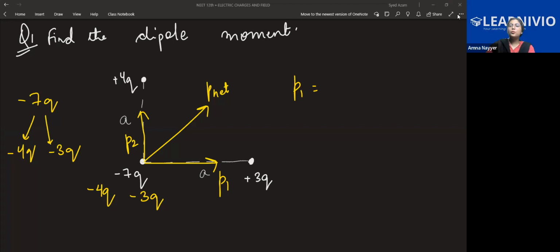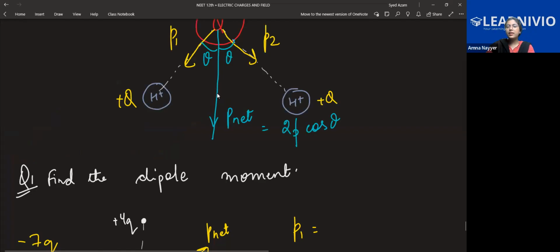I wrote it as 2p cos theta, class, because one was p cos theta. When you resolve it, this side will have p cos theta, and the other side will also give you p cos theta. Whereas these sides will give you p sin theta, and this will also give you p sin theta.